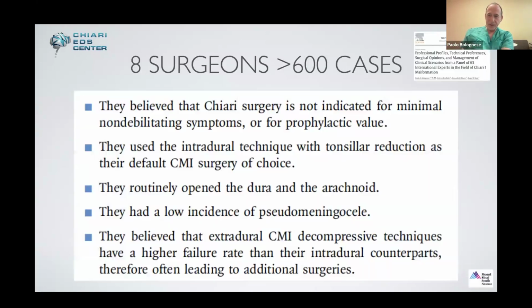So you're tricking us. But the analysis showed the total opposite. All the guys who were having more successful cases were not only opening the dura, but they were using the more aggressive versions of the Chiari surgery as their workhorse, and they were having a low pseudomeningocele rate.